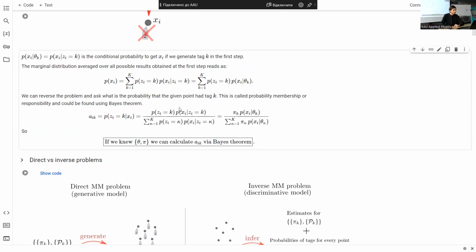Now this is P of getting x_i when y_i is equal to k. And this probability is very easy to get. Why? So what is this P(x_i | y_i = k)?